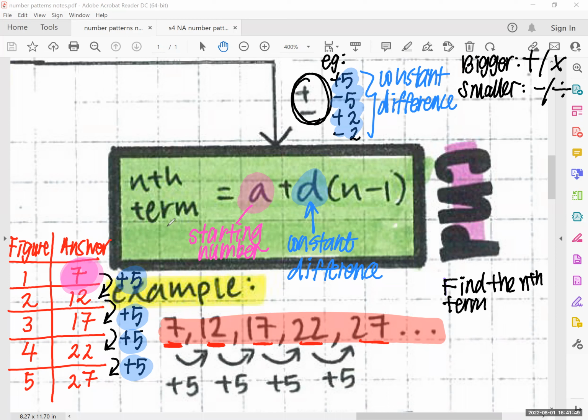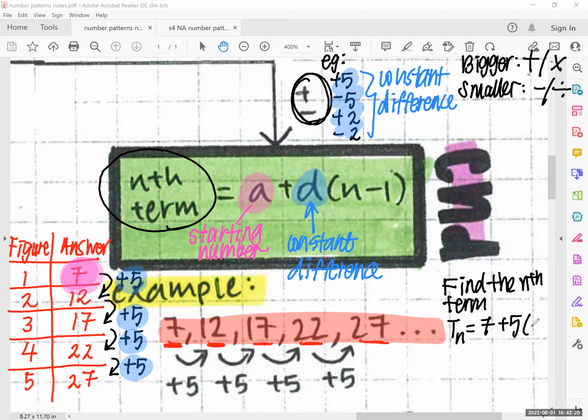The nth term means Tn. A means 7, so I put in 7. Plus D is 5, so I put plus 5. If D were minus 2, then I put minus 2. But for this case, it's not minus 2, it's plus 5.